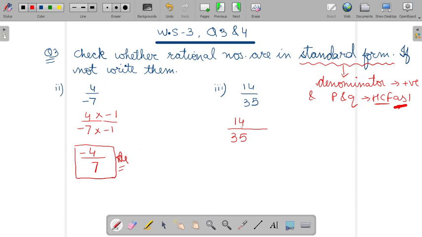Yes, both of them will divide with 7. So 14 divided by 7 is 2, and 35 divided by 7 is 5. Now observe it. Are you getting any highest common factor in 2 upon 5? No. Here the highest common factor is 1. तो हम इसे further cancel नहीं कर सकते. So this would be the answer.